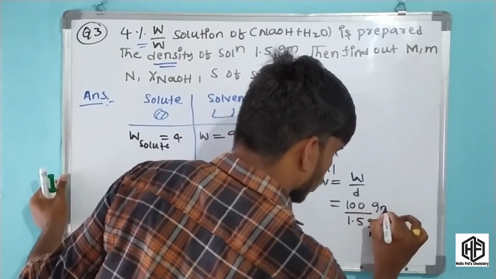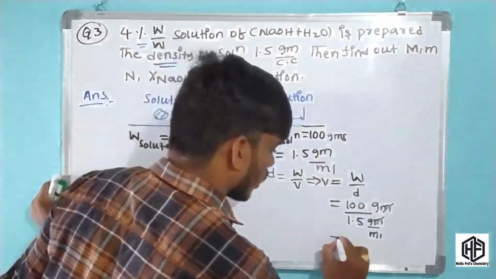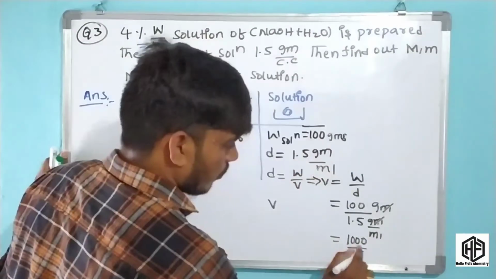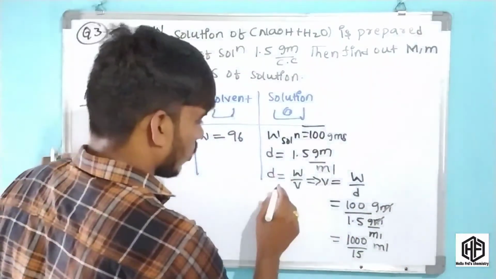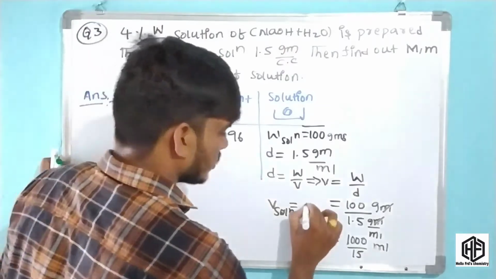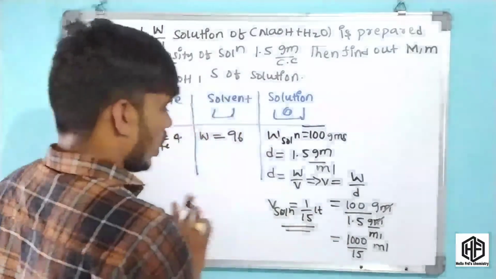Now grams and grams cancel. Now this is multiplied by 10. What happened friends? 1000 by 15 is the ml. Okay friends, this ml is converted to liters. Now the volume of solution in liters is 1.15 liters. Okay friends, this is the volume of solution.